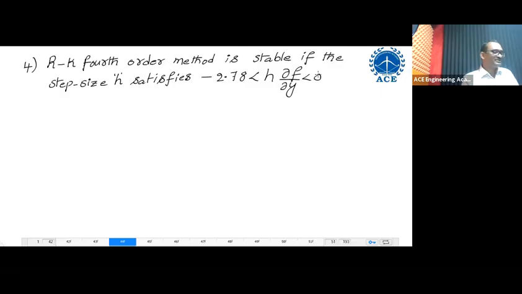By simplifying this, you will get the range of h values. Within that, you can split the given interval into equal lengths of subintervals. So then you will get the maximum possible subinterval size.